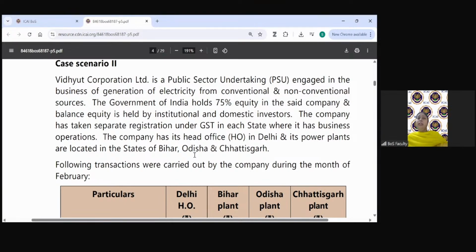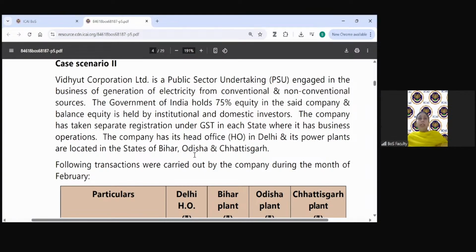It is section 51. The Government of India holds 75% equity in the said company, and the balance equity is held by institutional and domestic investors. Since it is a public sector undertaking, the government also has its equity, obviously 75%, and the rest is held by institutional and domestic investors. The company has taken separate registration under GST in each state where it has business operations.